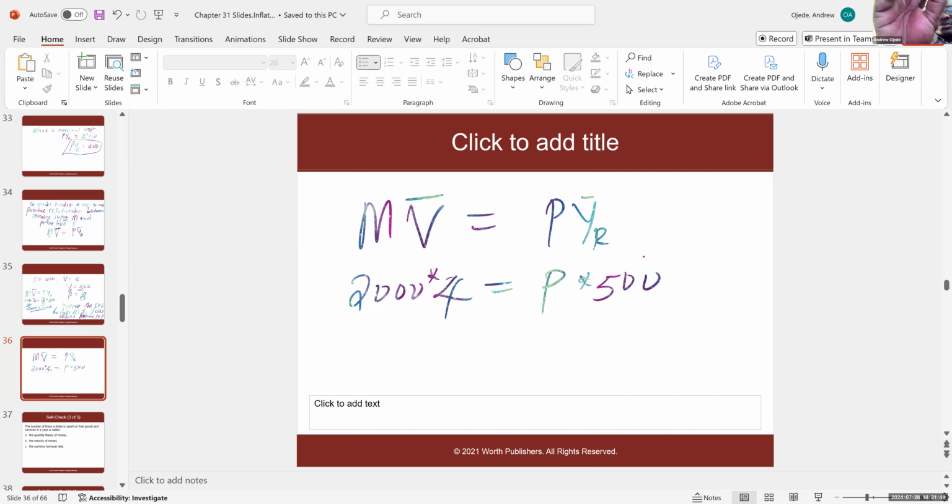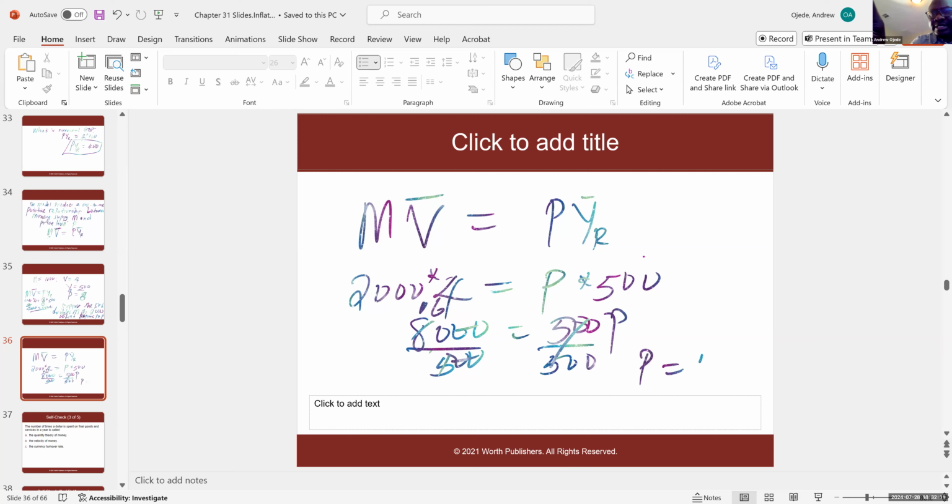This is 2,000 times 4, that is 8,000 on the left, which must equal 500P. If I divide both sides by 500, 5 goes into 8 once, remainder 3, 30, that's 6. So P is going to increase to 16.